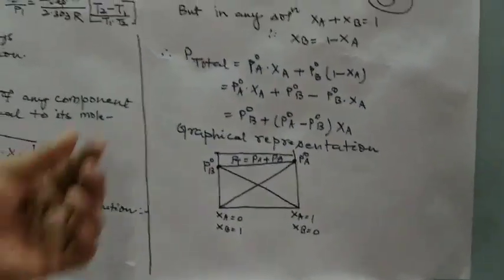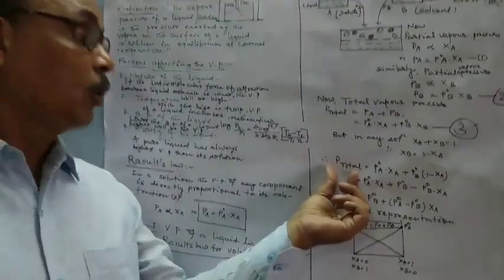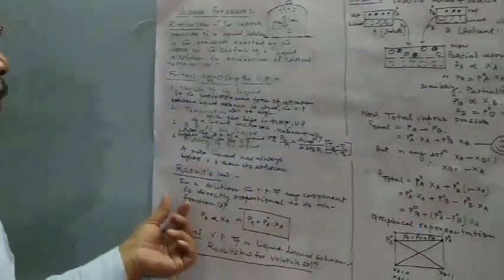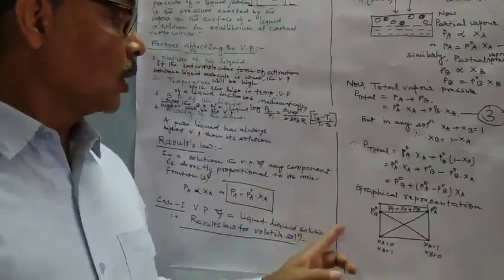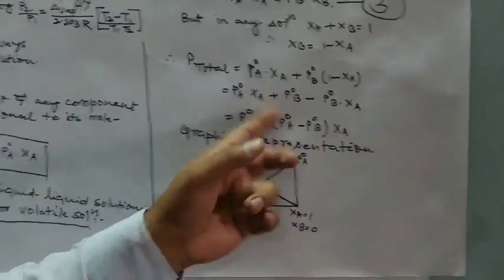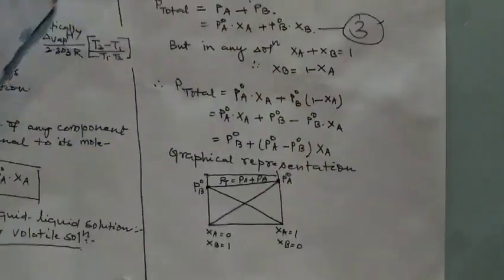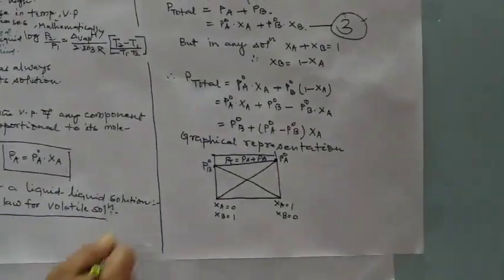This is the total vapor pressure according to Raoult's law of a liquid solution containing two volatile liquids, which is a binary solution. Now the graphical representation of Raoult's law for the liquid-liquid solution. See, what is equation 3 here?